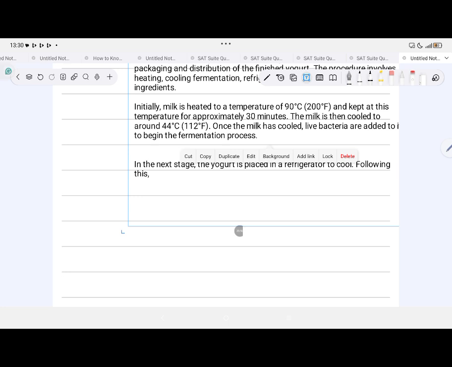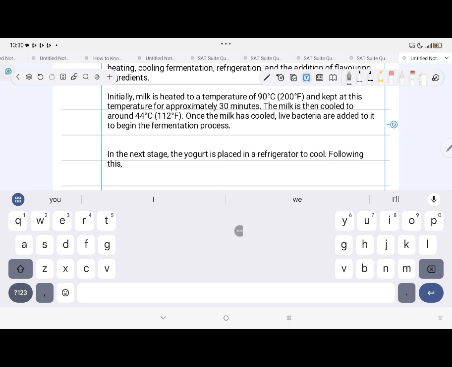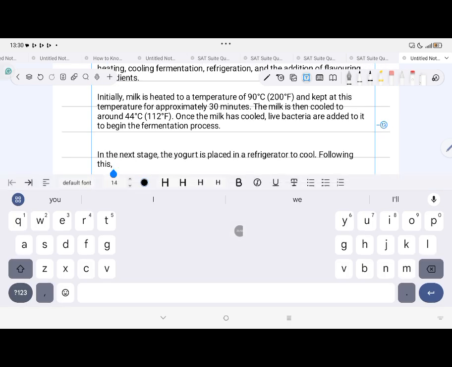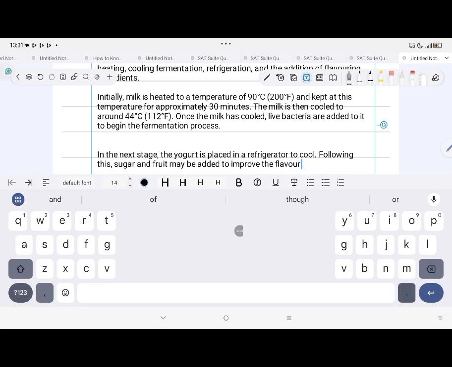Following this, sugar and fruit may be added to improve the flavor. So you see, it is a bit shorter because it is uneven. We have 4 and 3.